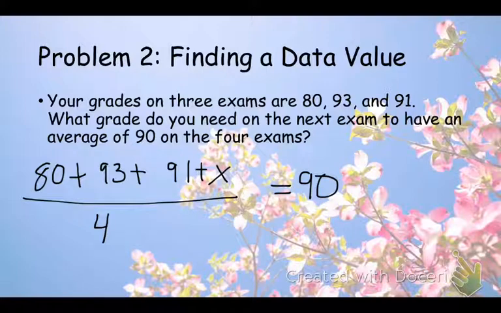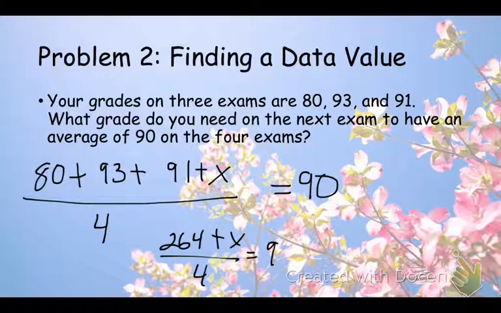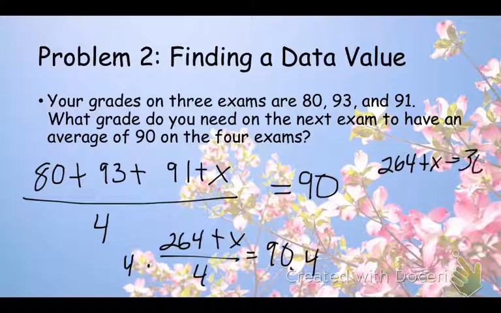So I can first do 80 plus 93 plus 91 and get 264, plus X, over 4 equals 90. Multiply both sides by 4 to get 264 plus X equals 360.